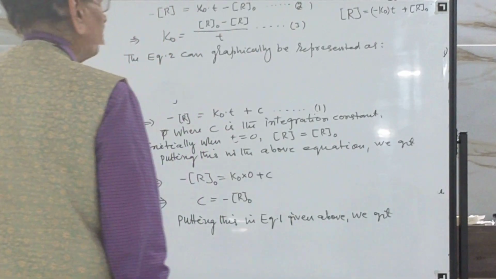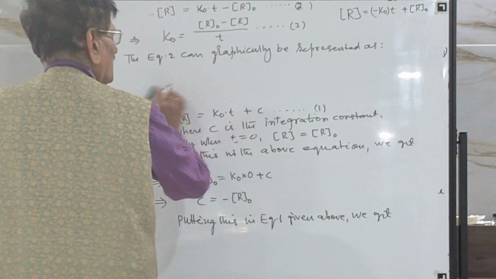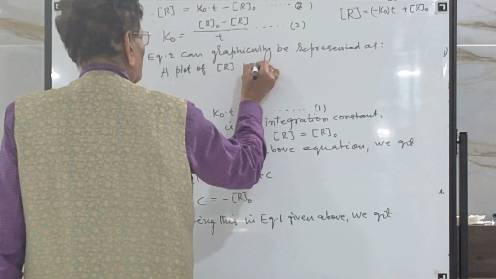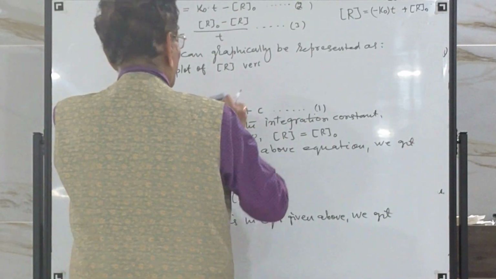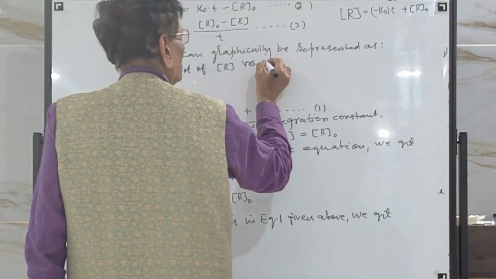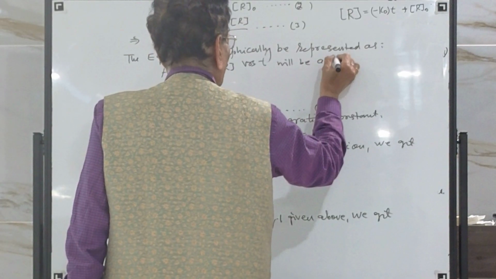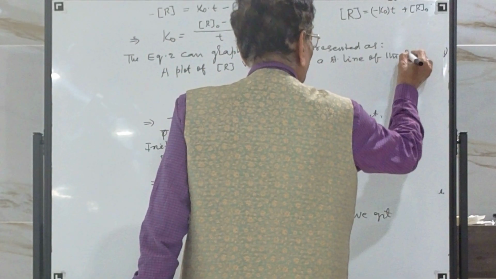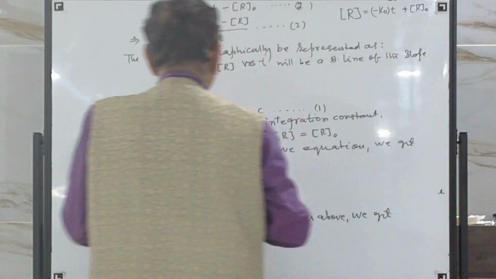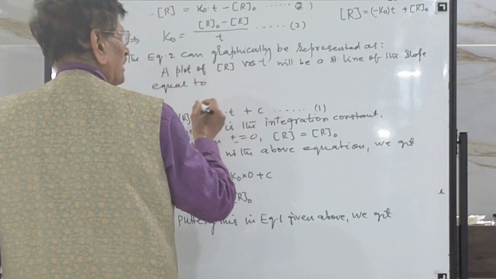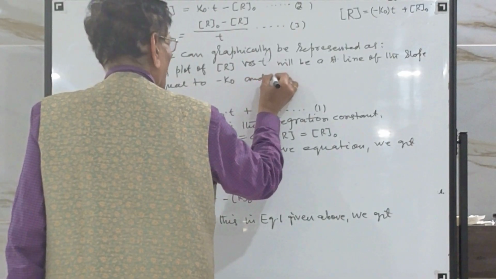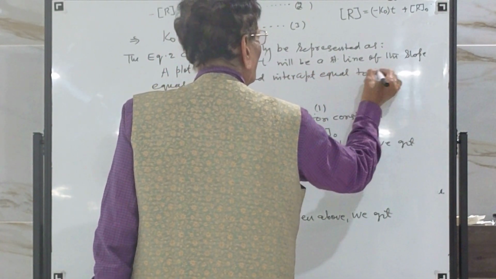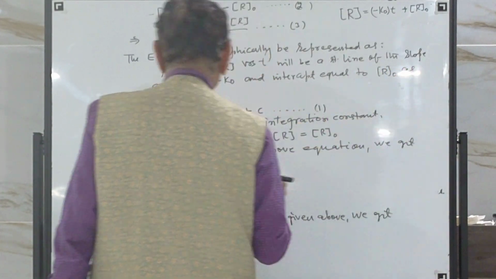That is, a plot of R versus T will be a straight line of slope equal to minus K naught, and intercept equal to R naught, as shown below.